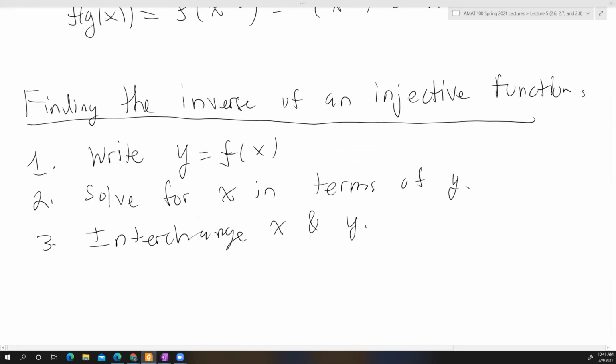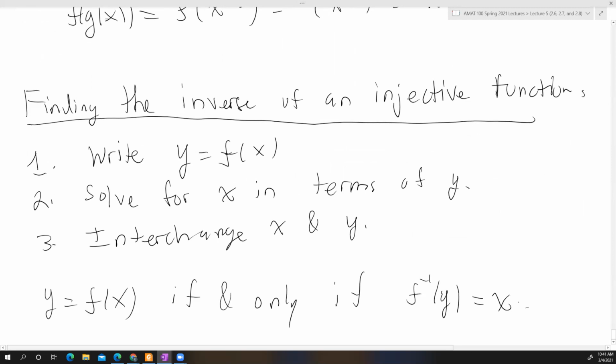The idea basically comes from the fact that, from the definition, y is equal to f of x if and only if f inverse of y is equal to x.